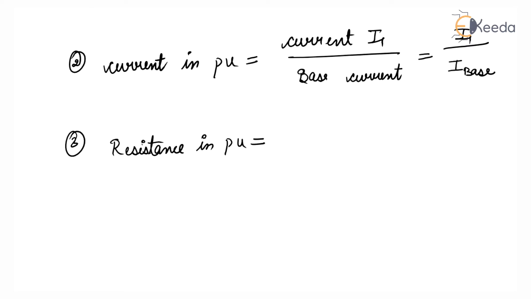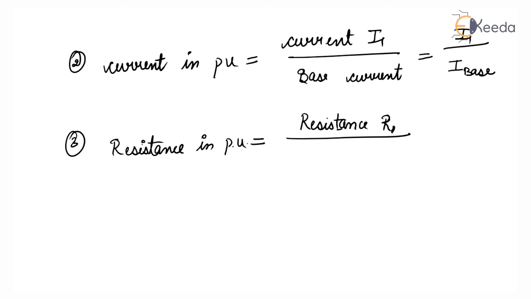Third, resistance in per unit. For ohm unit, the base quantity is Z. So resistance R1 upon Z base, because there is no R base.